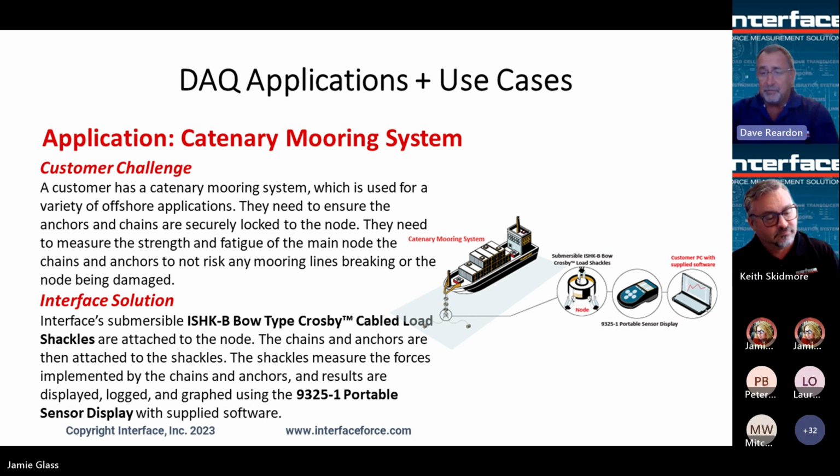So what we did for this was we supplied load shackles that are connected to the node, holding down in three different locations on each one of those nodes. And those load shackles were connected to a 9325-1 handheld display so that they can measure instantaneously as a ship is connecting up. And then for long-term recording, the 9325 was connected up to a PC for long-term monitoring and recording.